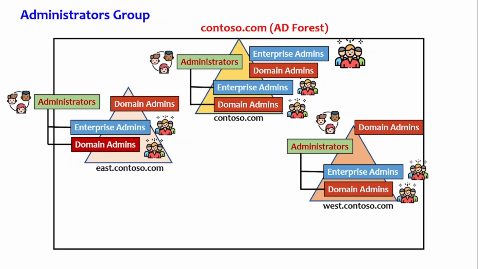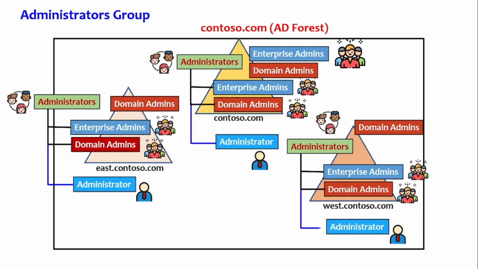So we can see over here the administrators group is present in every domain, and we have a username administrator, which is by default a member of this particular group of that respective domain. So let's look at the properties of the administrators group.